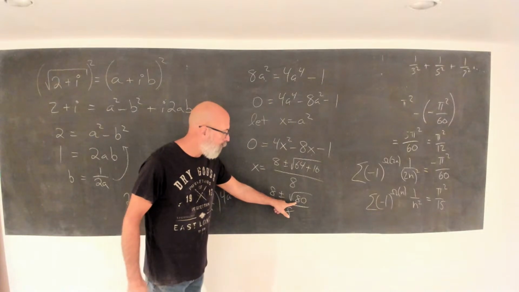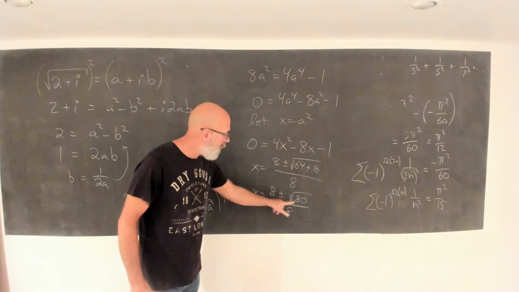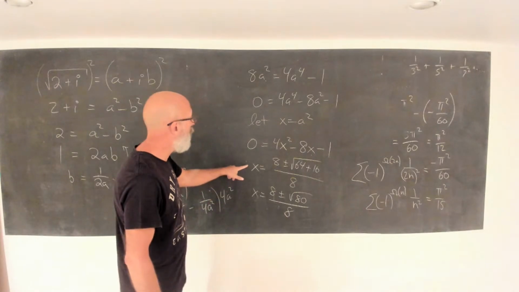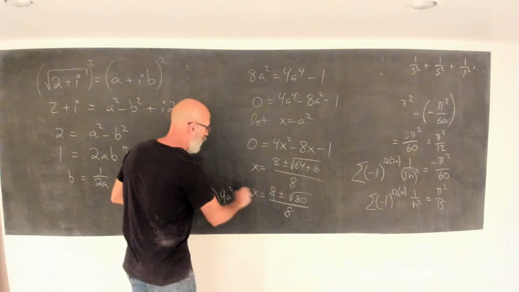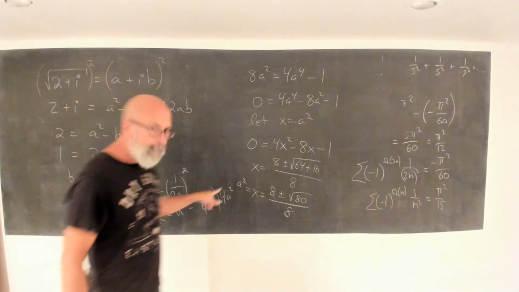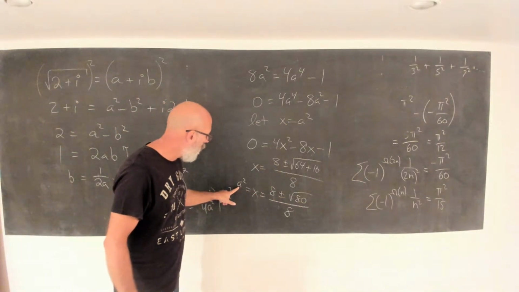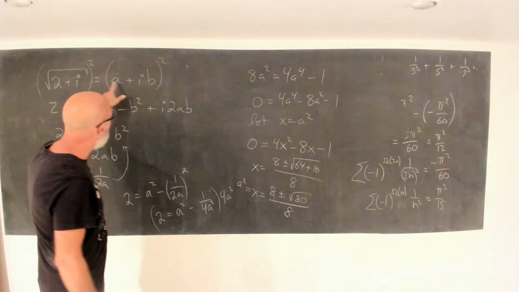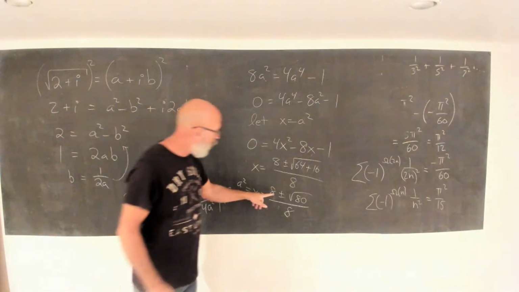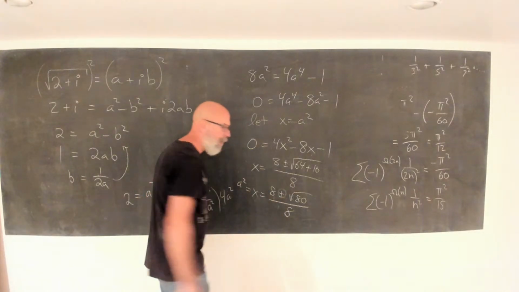This is very close to 81, right? So it's very close to 9. And 8 minus 9 would be a negative number. Remembering that x, which is a squared, since a must be a real number, you don't want a squared to be negative, so you have to take the positive.